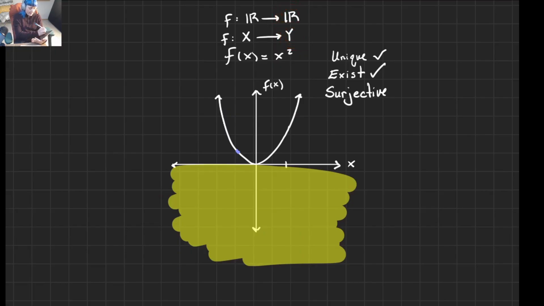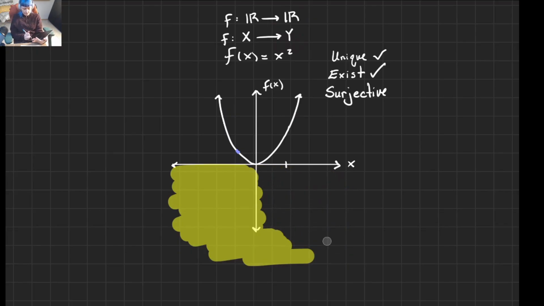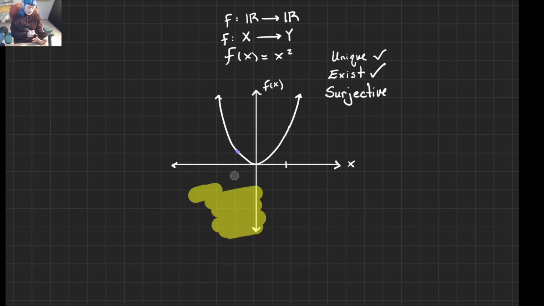Here you see that this is the positive reals for the range, and this is the negative reals, and it's all reals for us. So there are some values in the range for f of x equals x squared that don't correspond to a value in the domain. So we could just write this function off and say, well, it's not surjective, so it can't be bijective. But one thing you could do is alter or redefine the range itself.